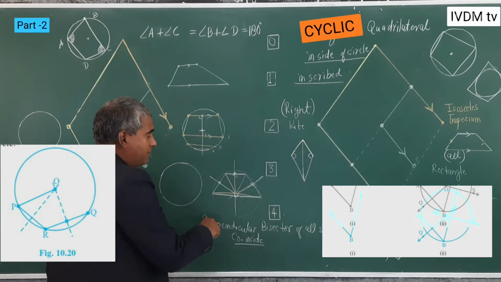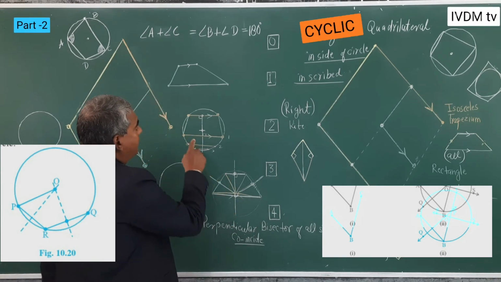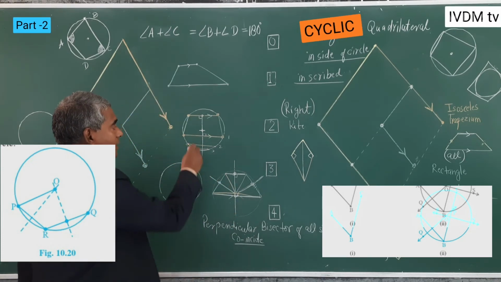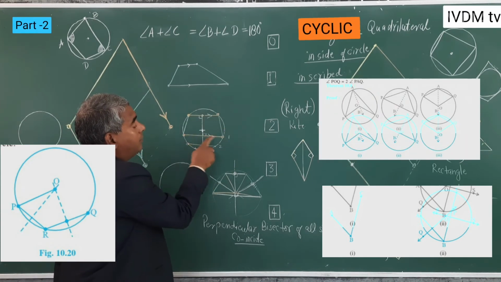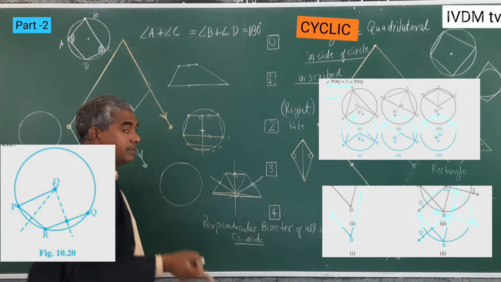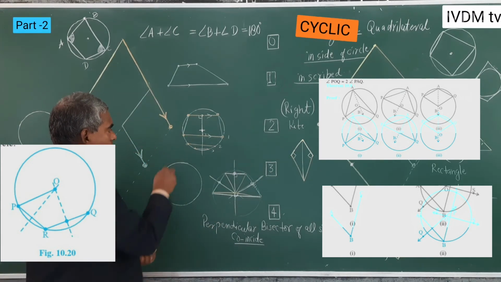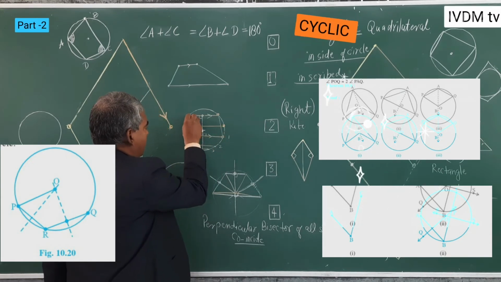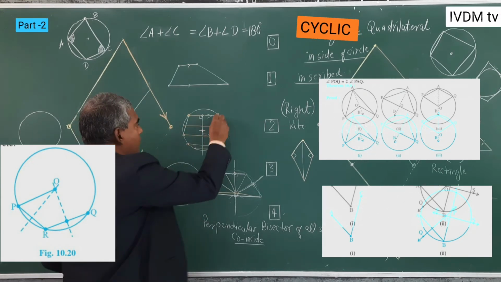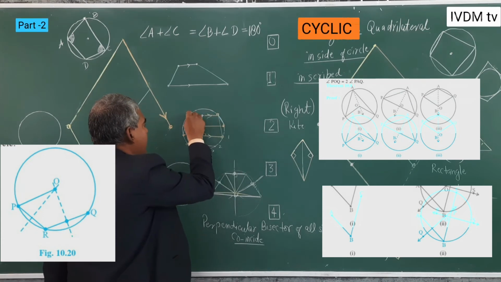Sometimes it happens that the center of the circle may be outside of the isosceles trapezium, just like in a triangle. If you take a parallel line here, in this case what will happen? You have taken four points here.